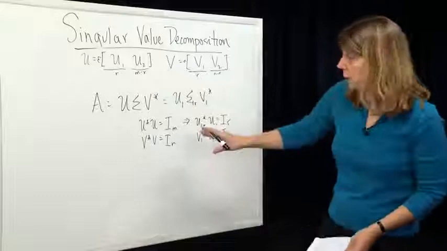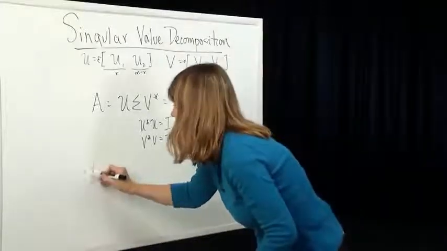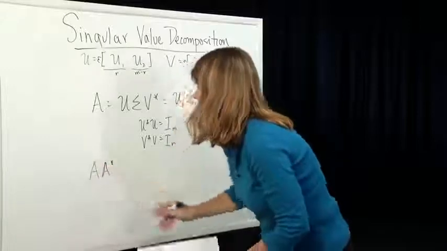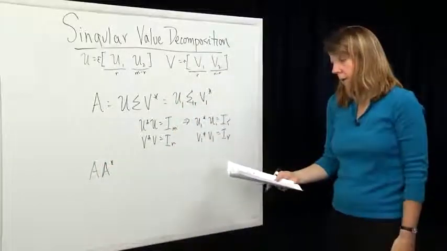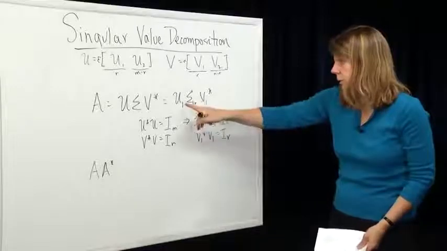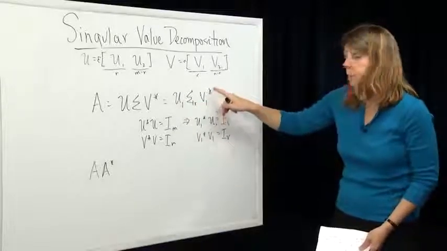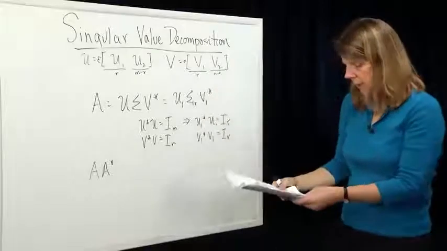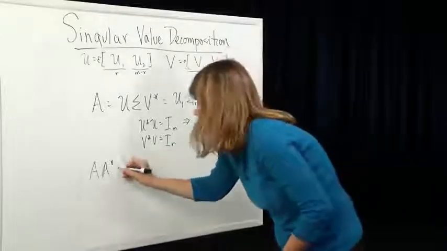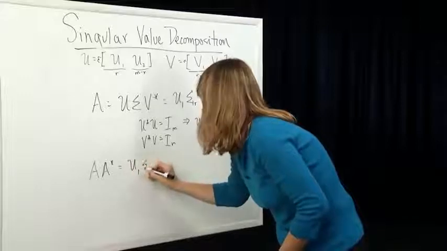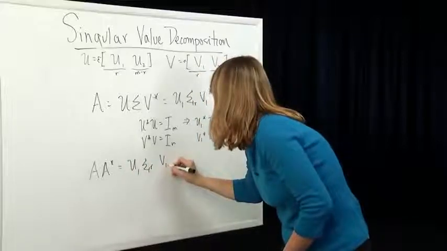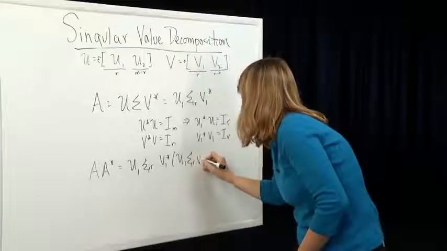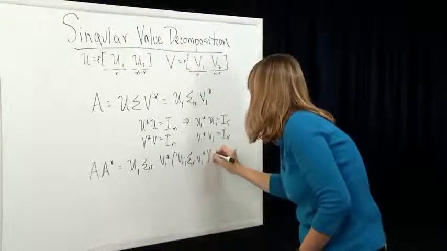Now if we look at the matrix A A star, I'm just going to take that decomposition and multiply it by its complex conjugate transpose. So that's U1 Sigma_r V1 star times (U1 Sigma_r V1 star) star.